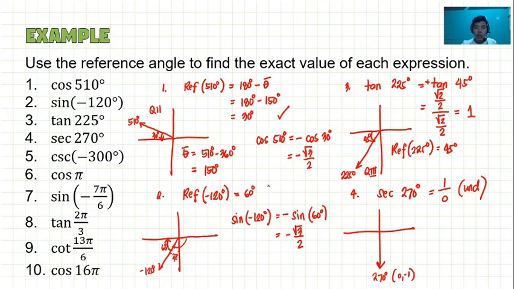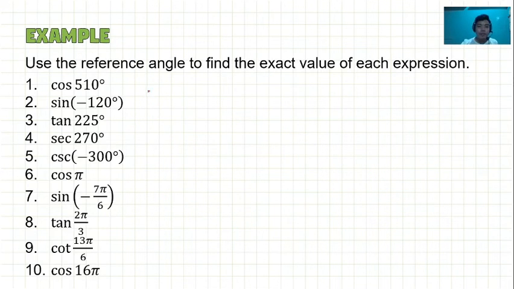Now, how about for number 5? So we have cosecant negative 300 degrees. So locate that one. Negative 300 degrees. So this is negative 90, negative 180, negative 270. So what's kulang is 30, right?